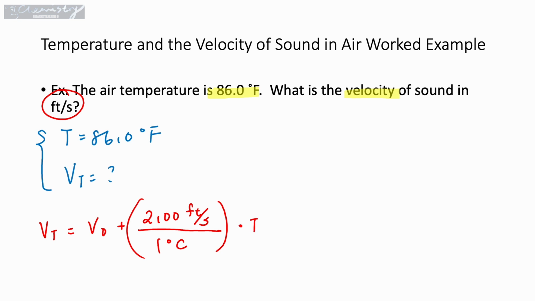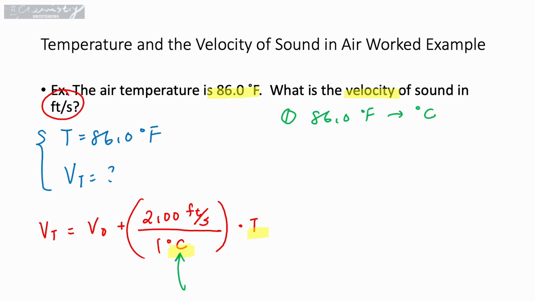However, this requires the temperature to be in degrees Celsius to cancel out. So the first thing we need to do is convert the 86.0 Fahrenheit to Celsius, before we plug it in, or else we're going to have units that cannot cancel out at the end of the day.